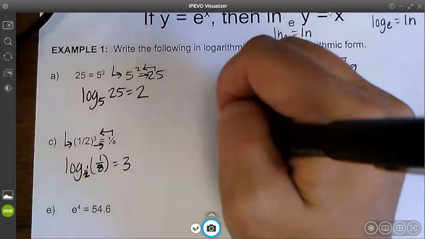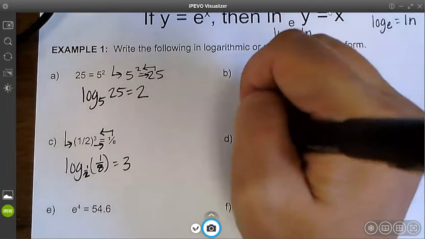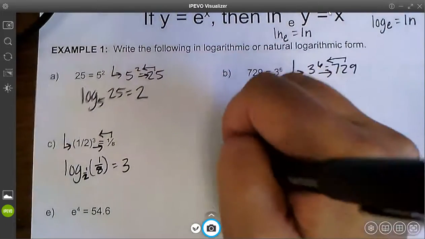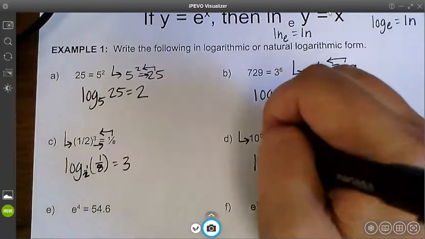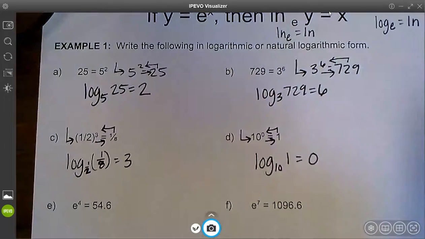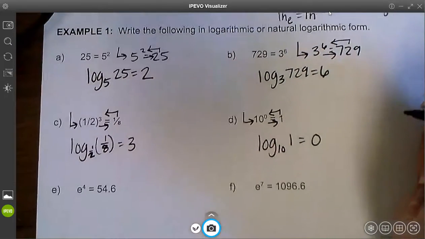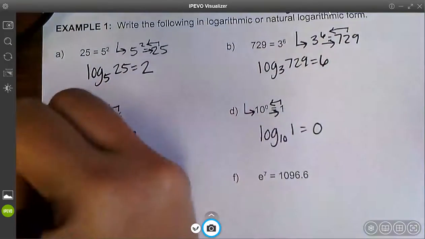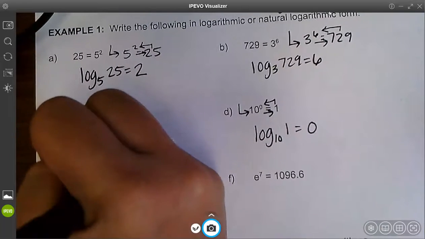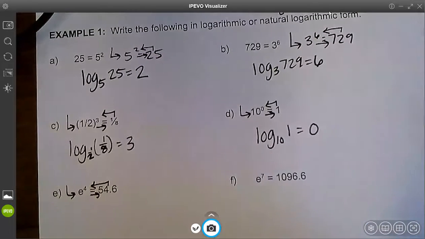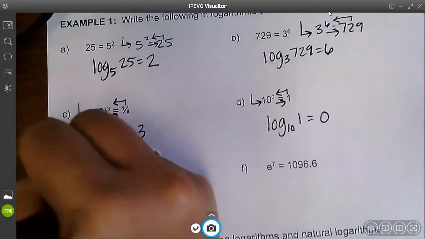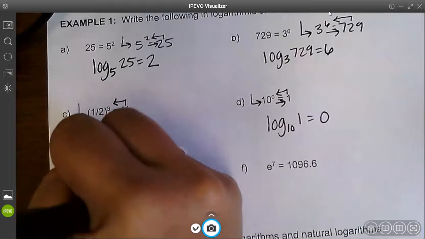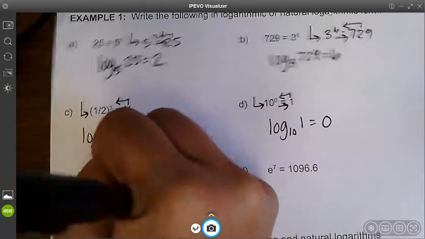This one, log base 10 of 1 is 0. And then these last two, we would have log base e of 54.6 equals 4. Please do not leave it as log base e.